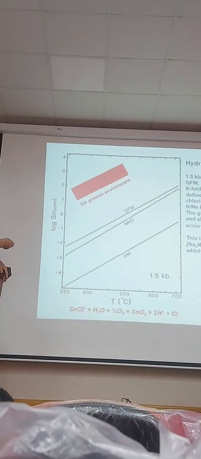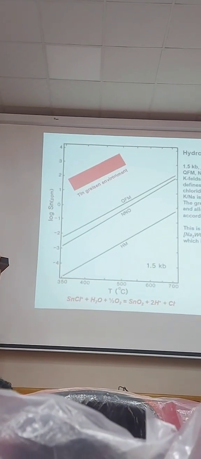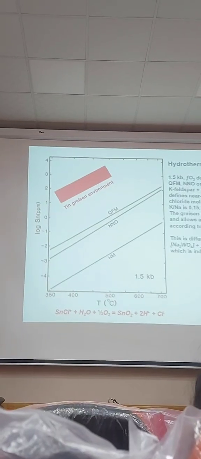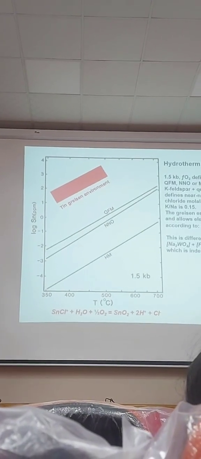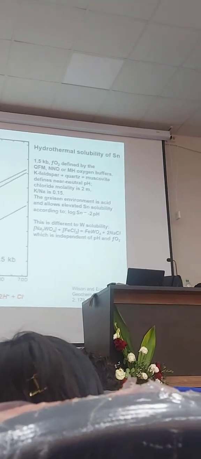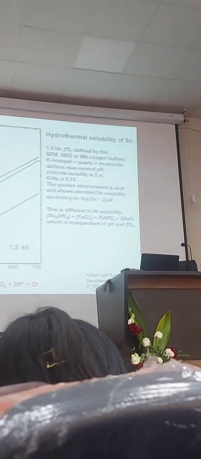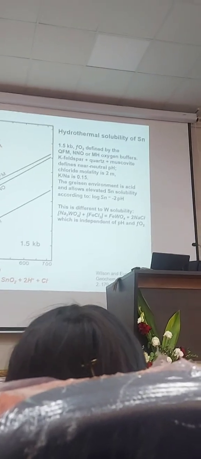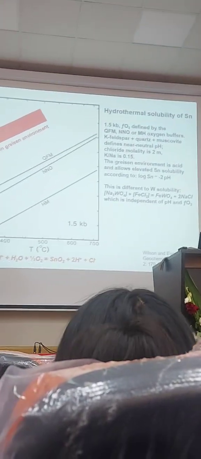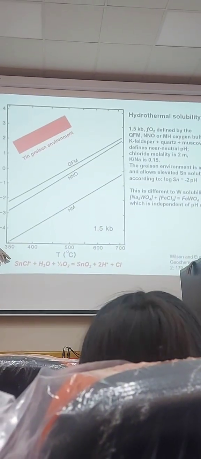And then there's another point. The solubility is also dependent on pH. Actually, the solubility depends on minus 2 pH. So the more acid the solution is, the better it can transport tin. And this is derived from this equation, by the way. You can write an equation.